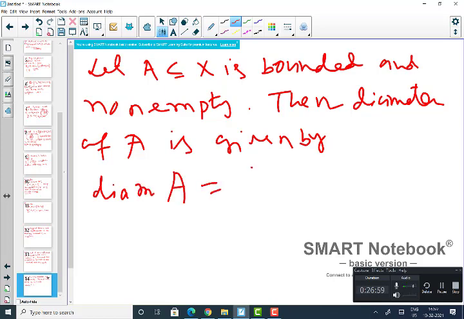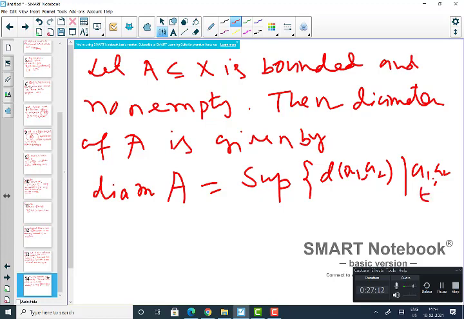This will be the supremum of the distance d(a1, a2), where a1, a2 are elements of A. What I am doing is taking the distance between a1 and a2 for any arbitrary pair of elements of A, right?